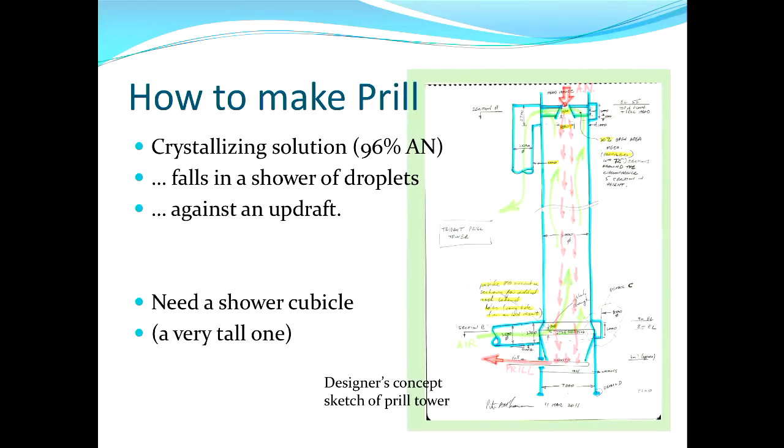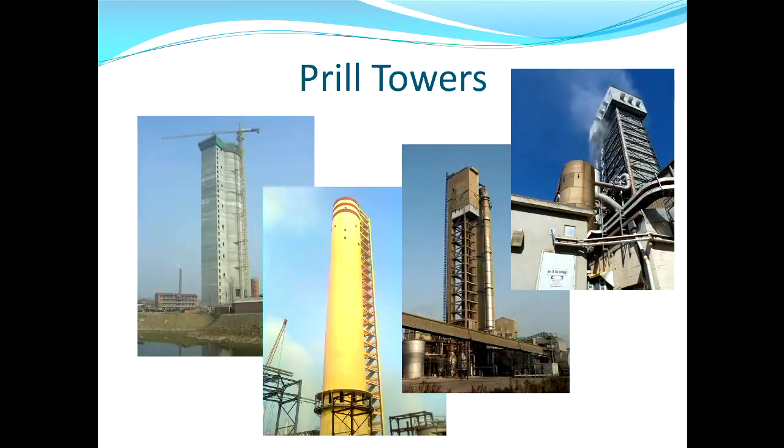There's the designer's sketch. Now, prill towers are the standard way of making ammonium nitrate for explosives use. They've been constructed for a long time. Here are some, you can see, made in steel, made in concrete. They're all very large.